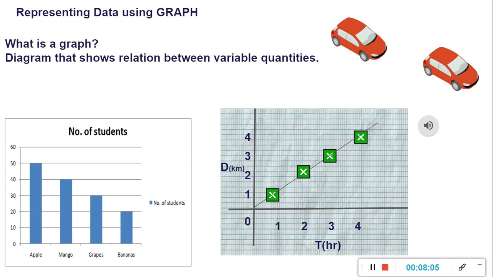Looking at the shape of the graph, you can analyze a lot of things, isn't it? So this is the advantage of a graph. Now in the next slide we are going to study the different kinds of graphs.